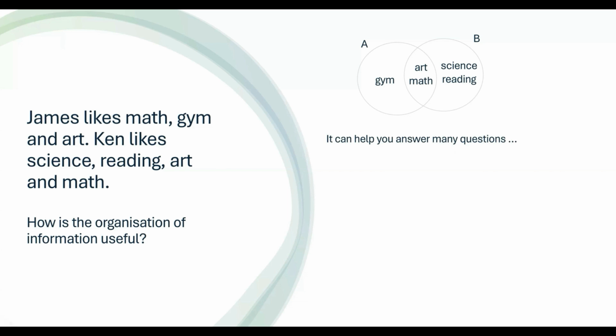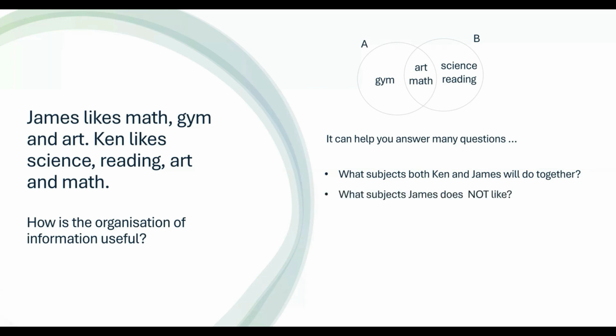Well, it can help you to answer many questions. Let's explore it. The first question is, what subject will both Ken and James do together? Well, the diagram shows you very clearly they will do art and math together.